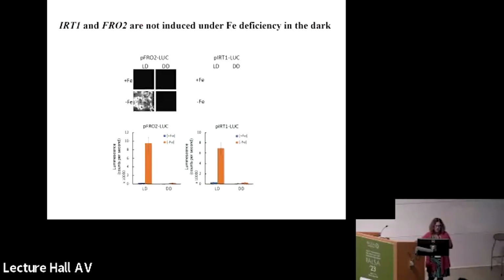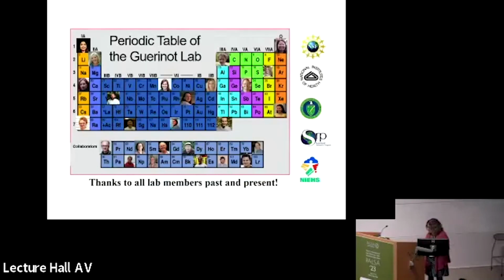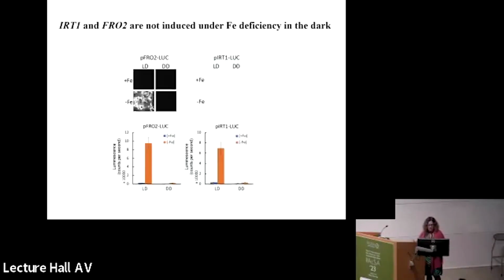That's what I'm showing here. This is just some seedlings expressing reporter genes that have a luciferase, and so they shine in the presence of a substrate. You get light production. It turns out that we only see that in the light and not in the dark. And this little picture disappeared, but it's the exact same thing.